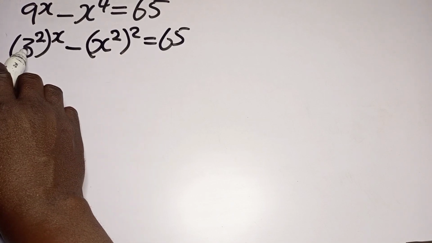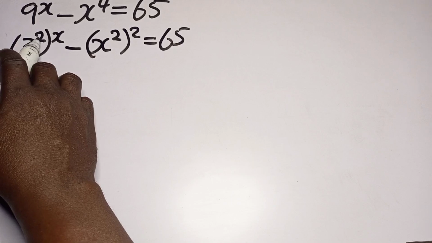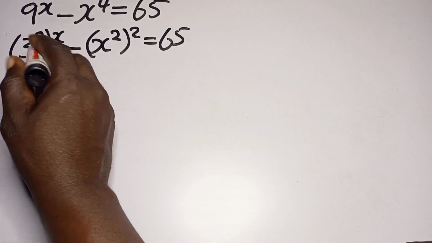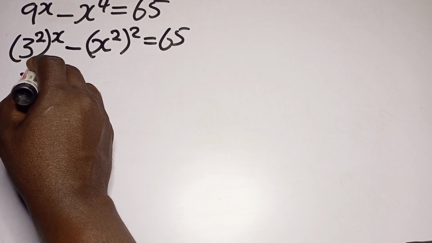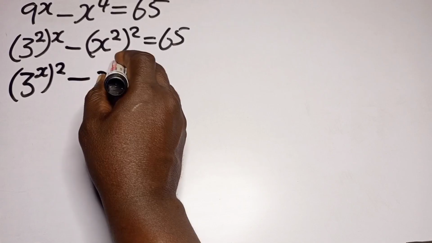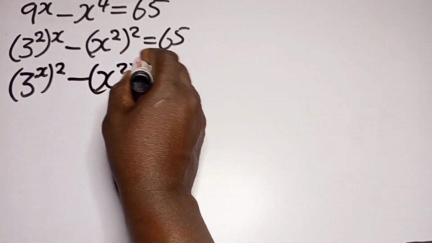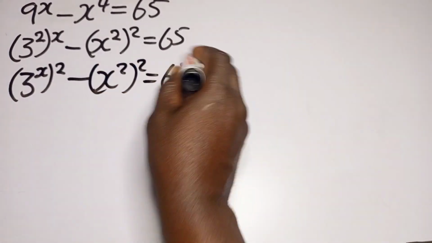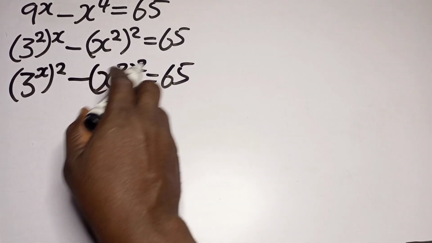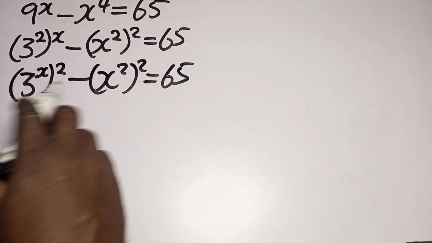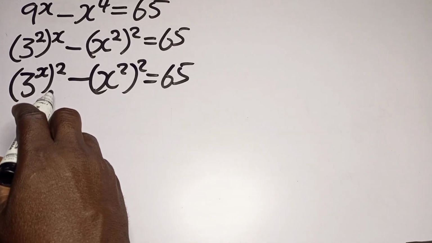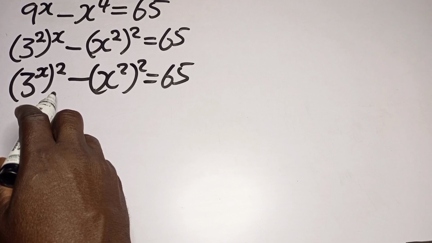All we need to do here is to swap the position of this power 2 and the power x. Let the x go in and let the 2 come out. So we obtain 3 to the power x squared minus x squared is equal to 65. Now we can see the left hand side is actually a difference of two squares. So from here, we will now be able to apply the difference of squares identity.